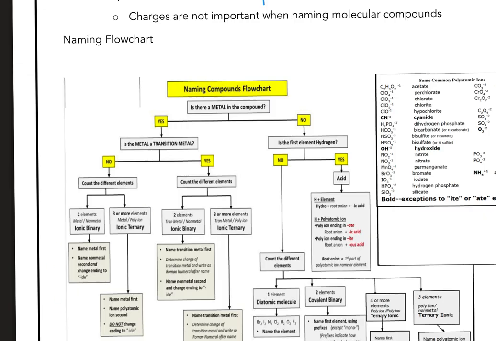When you see these words binary and ternary, binary means that there's 2 elements. Ternary means 3 or more elements. So that means we have polyatomics. There's also a list of polyatomics included on this sheet. But again, you will have your periodic table that also has a list on the back of it. All right, so that's for ionic naming. We've talked a lot about this.